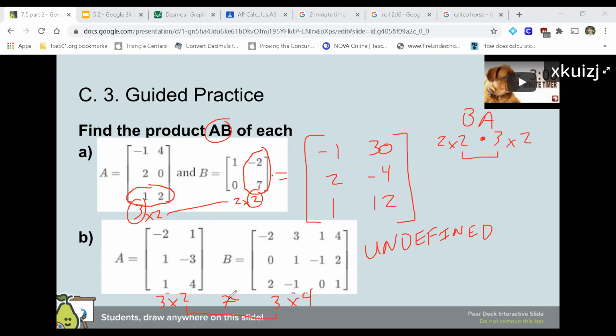But that doesn't work either. So you can see pretty clearly that it's not a commutative operation. A times B is a very different answer than B times A. A times B gave us an answer. B times A gave us nothing, undefined.